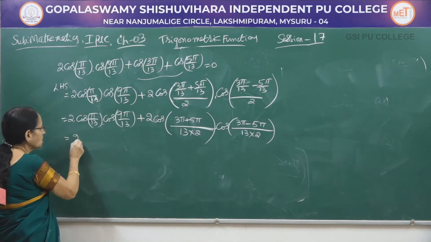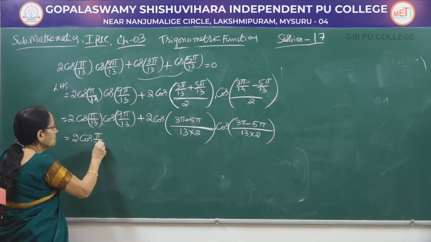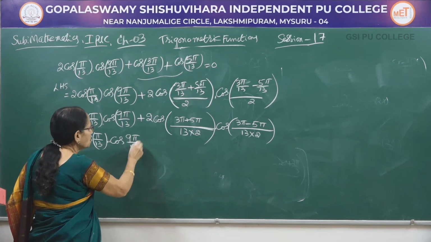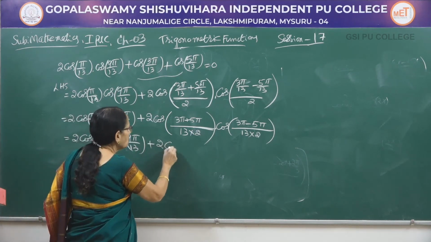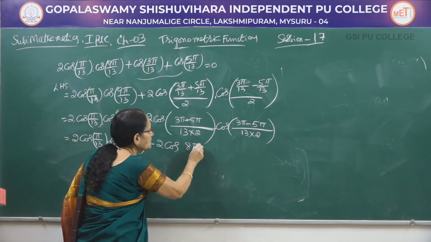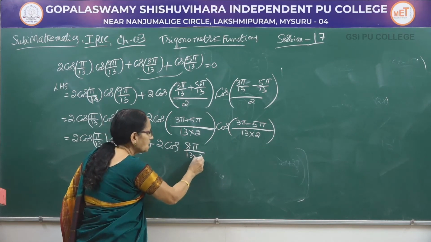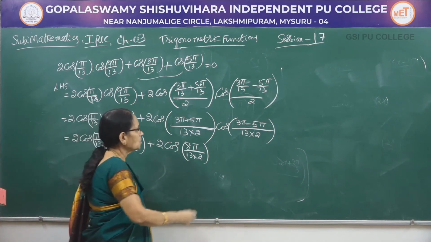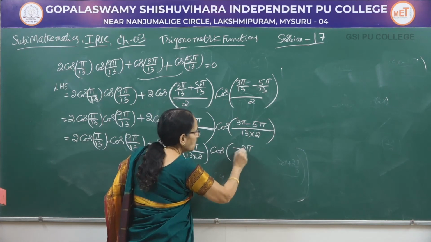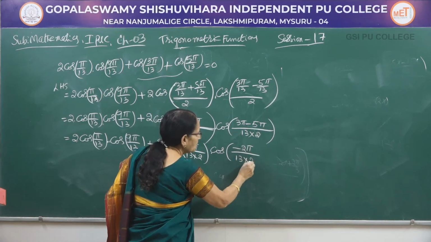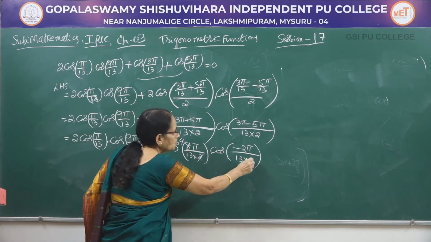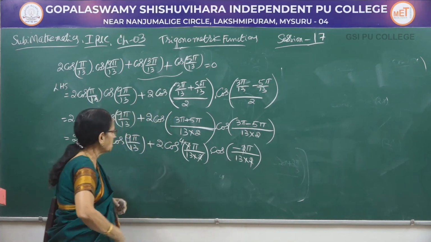Now, you can simplify further. 2 cos pi by 13 into cos of 9 pi by 13 plus 2 into cos of, look here, 5 plus 3, 8. It is 8 pi by, you can write it as 13 into 2 as it is. Don't multiply. Now, into cos of 3 pi minus 5 pi, that is minus 2 pi divided by 13 into 2. So that you can cancel this one, 4 pi, and you can cancel 2 here.